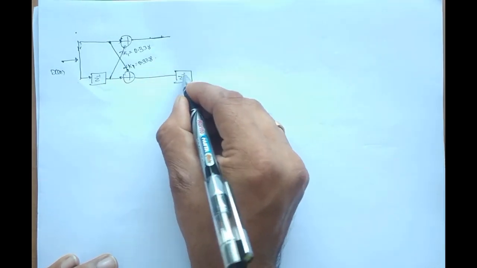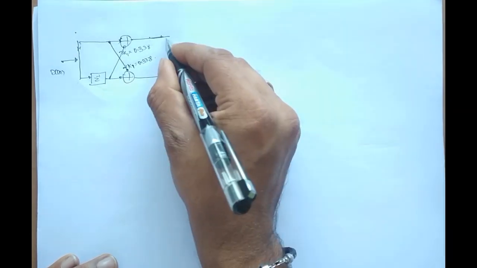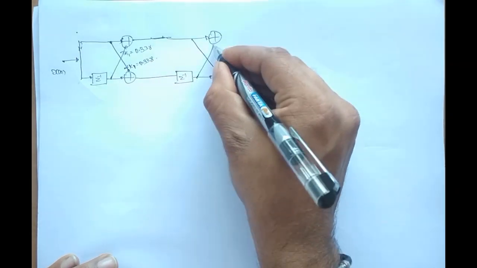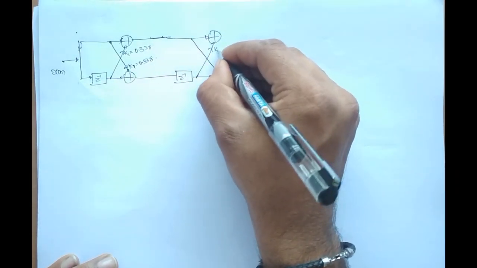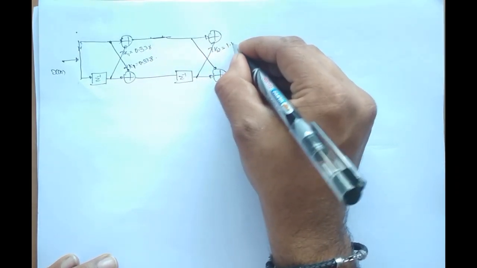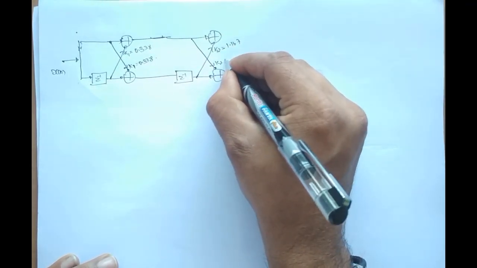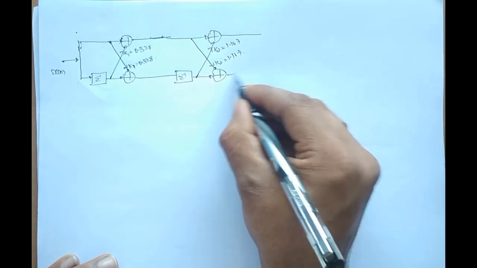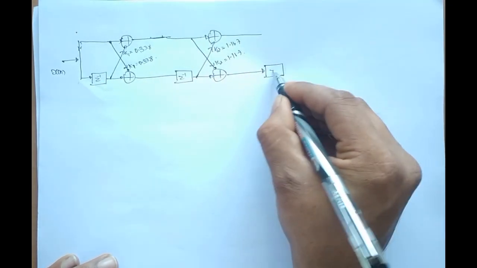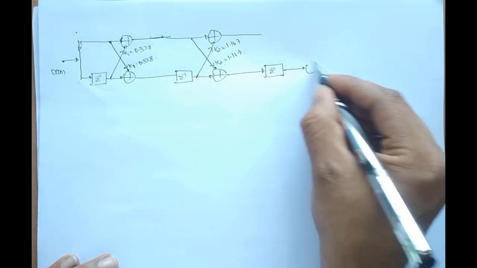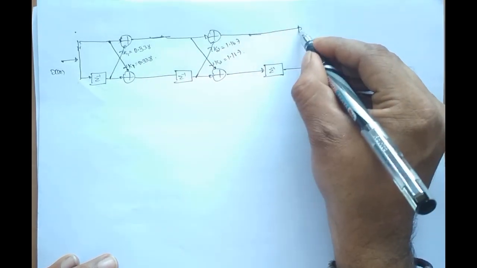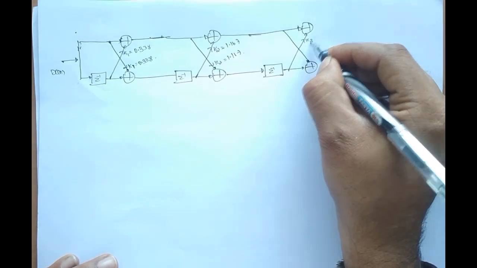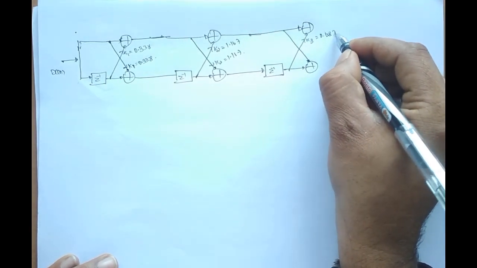So the second structure has z power minus 1 and an adder here, and directly you can add it here, and this is the coefficient of k2. So what is the value of k2? k2 value is 1.167. Here also k2, which is equal to 1.167, right? And this has to be fed to the third structure. So this is k3. What is the value of k3? k3 is 0.683.